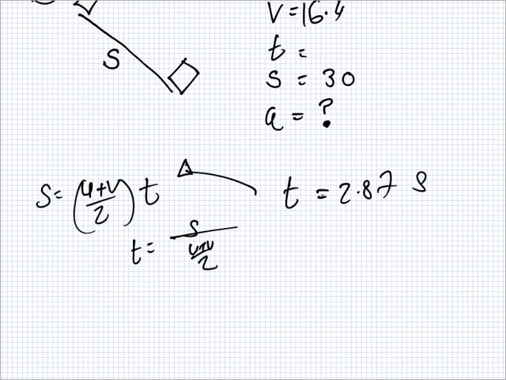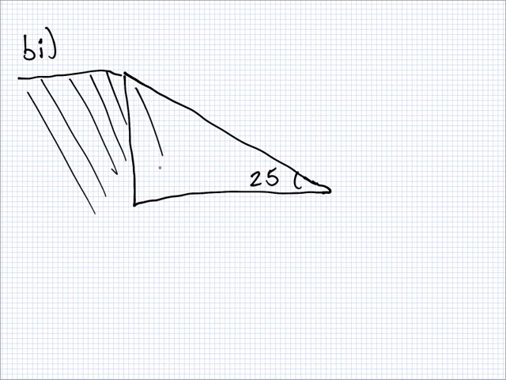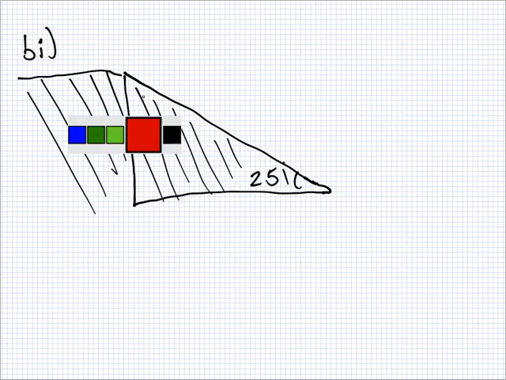Right, the B part. Now, the B part is tricky. I don't expect you to get this one. Let's look at it. Wait. Let me draw it first, okay? What's happening here is you have a ball and it's thrown horizontally.